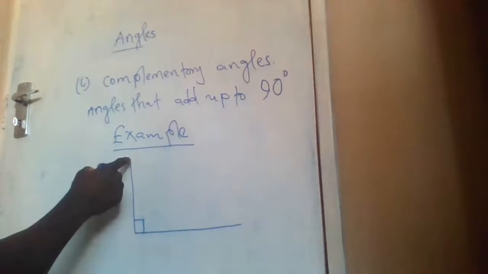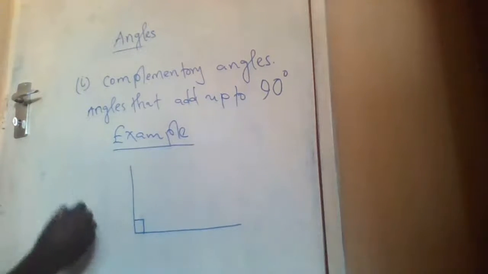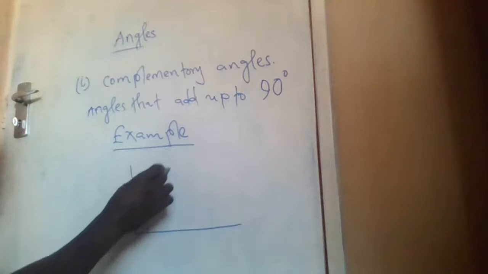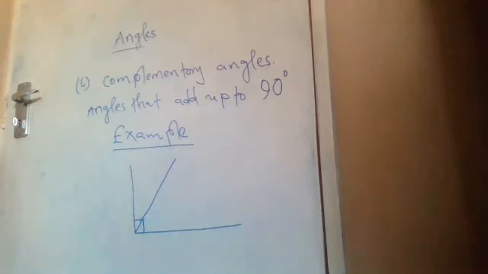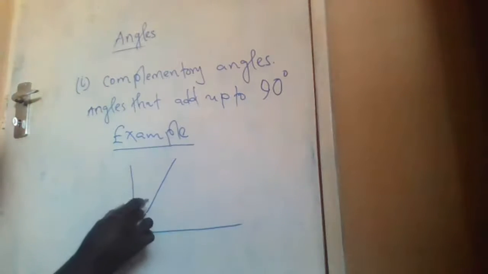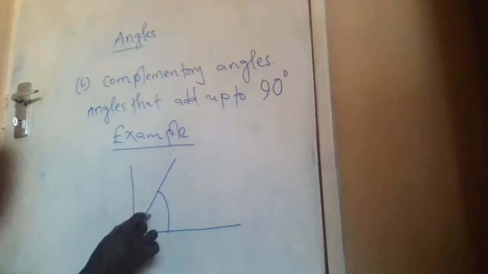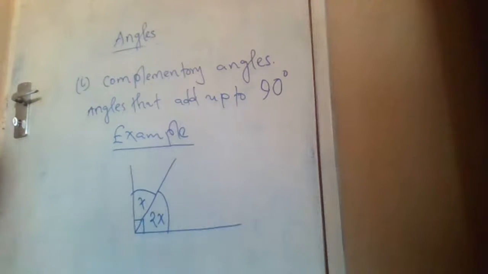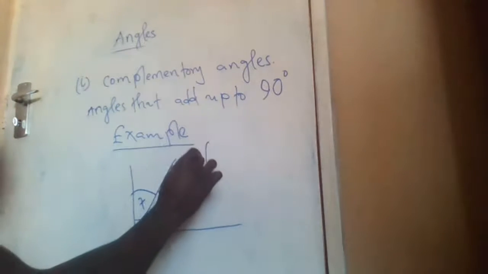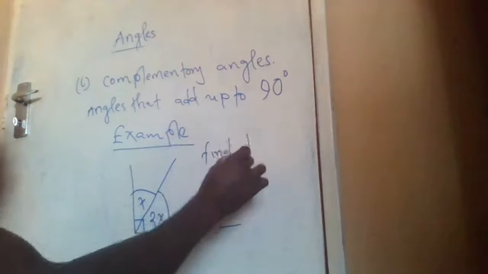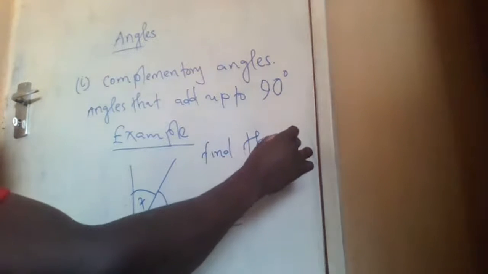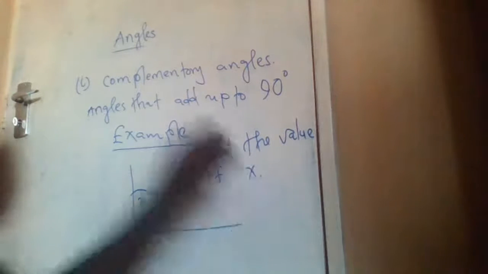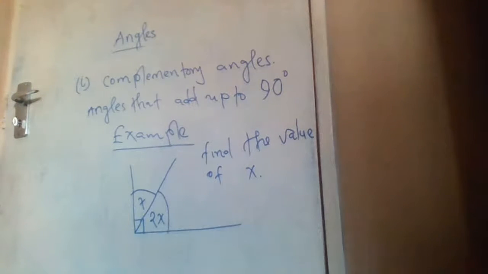So let's say this is the complementary angle, and then they divide the angle like that, having, let's say, this angle is 2x and this angle there is x. Then they say find the value of x.